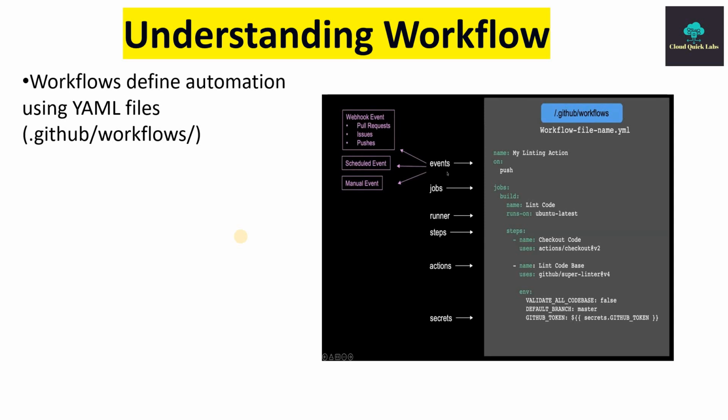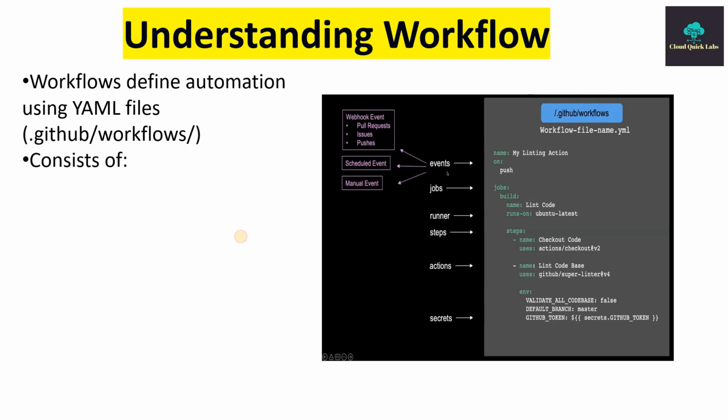I'm going to help you understand what this declarative syntax is and what each of the key value pairs in this YAML file means. Basically, this YAML file defines the workflow which is used for automation, and it is written in the GitHub repository in a folder called .github/workflows. So .github/workflows is a reserved folder structure name in GitHub, and that's where you're going to write your YAML file with your own file names, ending with the extension either .yml or .yaml.